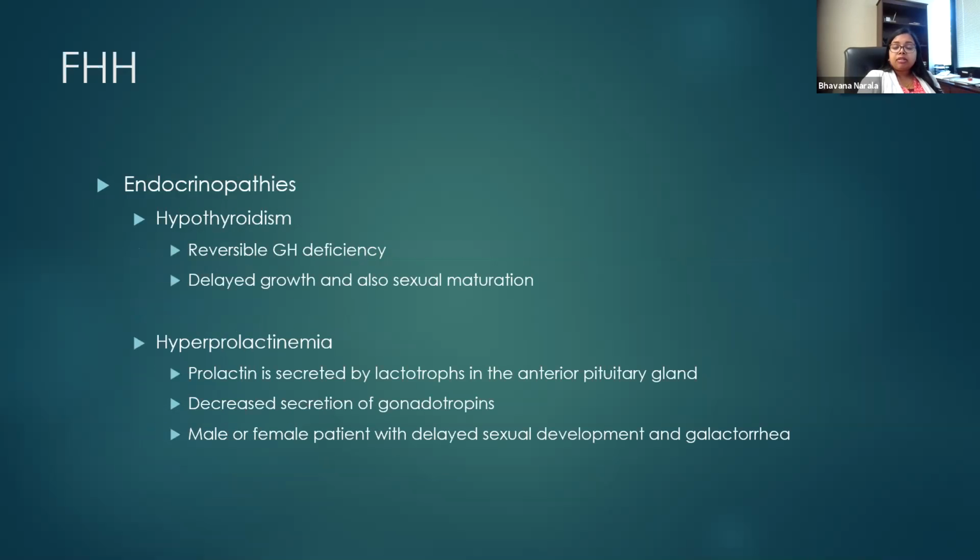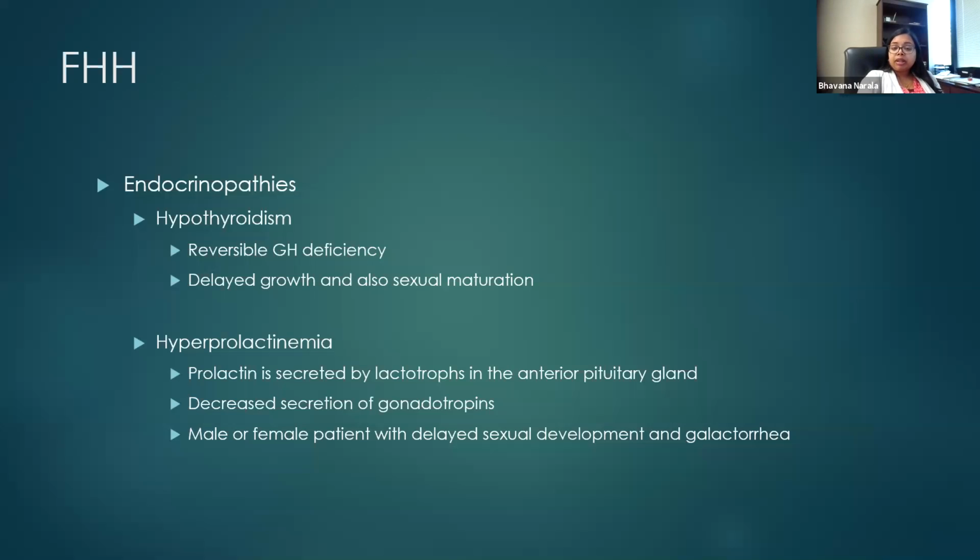What about endocrine stuff, right? So we do see, at least I would say every few months, severe untreated hypothyroidism presenting with delayed puberty, and also a growth hormone deficiency can present like this. Also hyperprolactinemia.